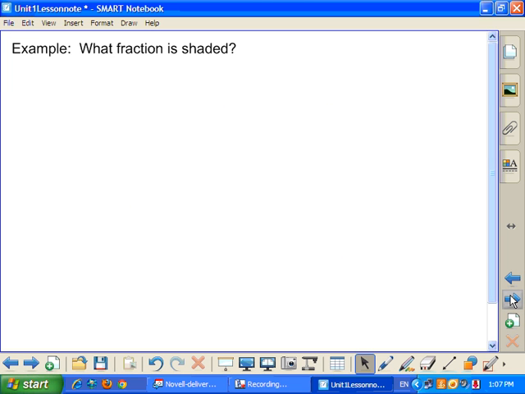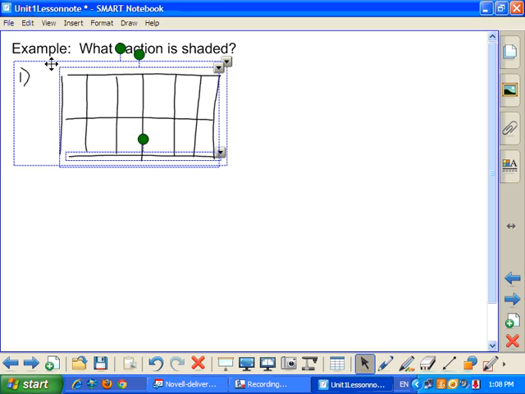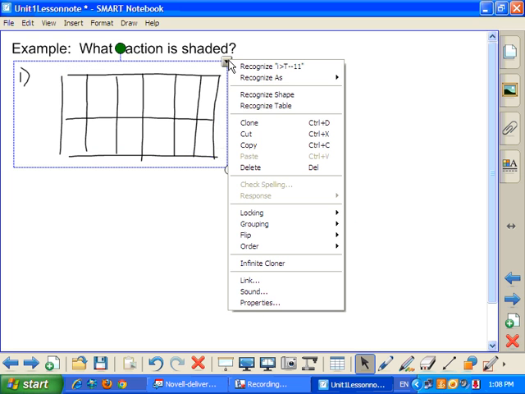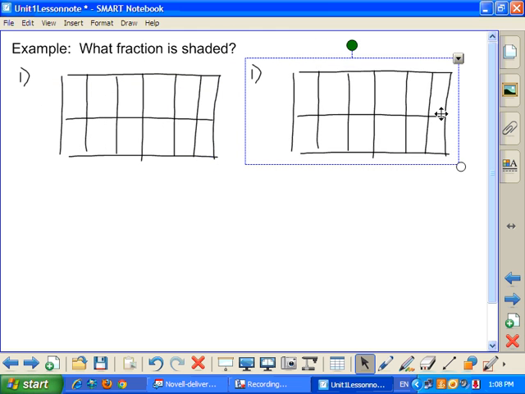So what fraction is shaded? So a couple of examples here. Start with a section that looks like this. Okay, and oops, what I'm going to do is I'm going to cheat a little bit here and group that together. And we can clone it. And then I have a second example.